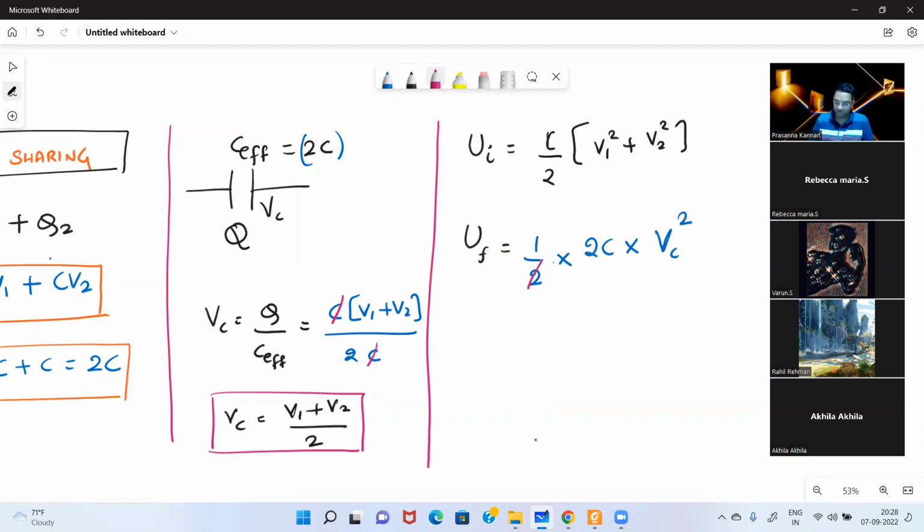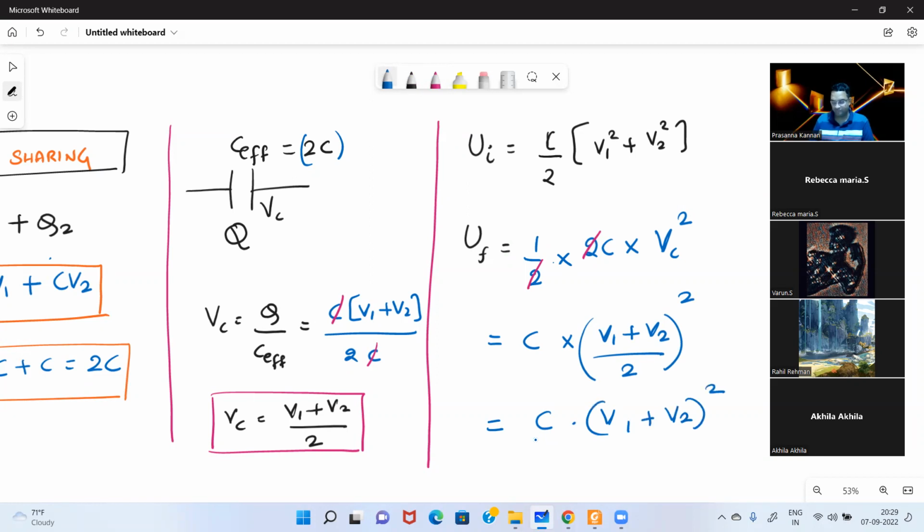You can see that half and half cancels, so it is nothing but C into VC square. VC square is V1 plus V2 divided by 2 the whole square. So this will become C into V1 plus V2 the whole square divided by 4. This will be the final energy of the capacitors.